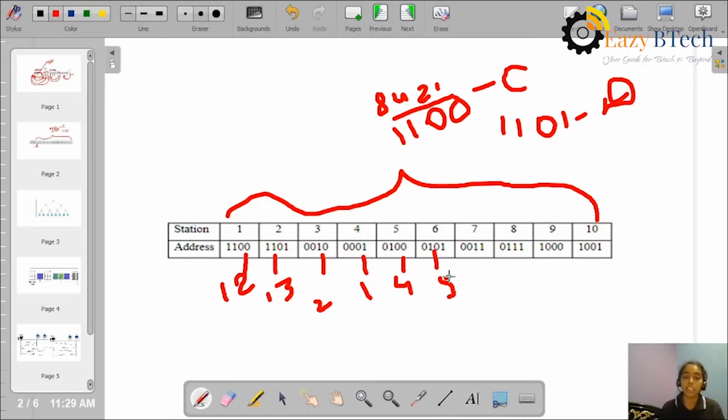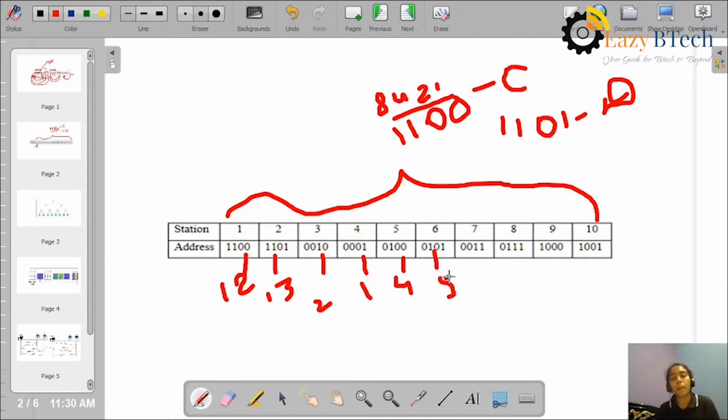Among these stations, the station with the highest priority, the highest number, will communicate first. After the completion of that station, the next highest priority station will be given the channel. Each and every station is assigned a particular binary address, and the station with the highest address gets the highest priority and communicates its data frame using that channel.